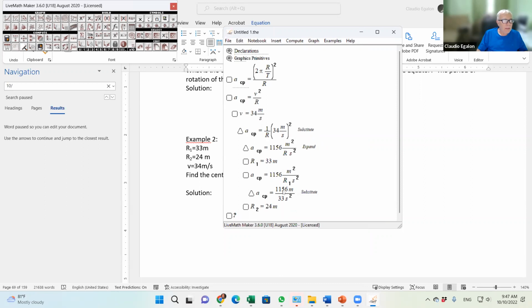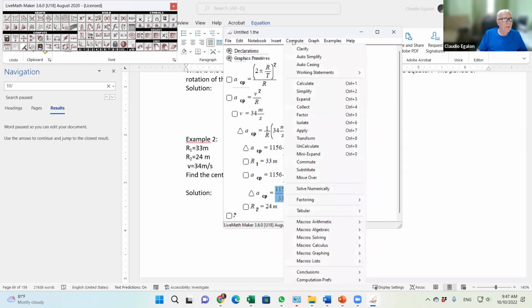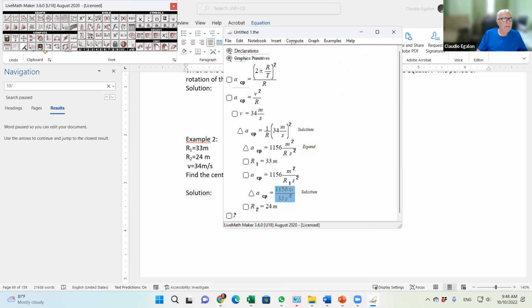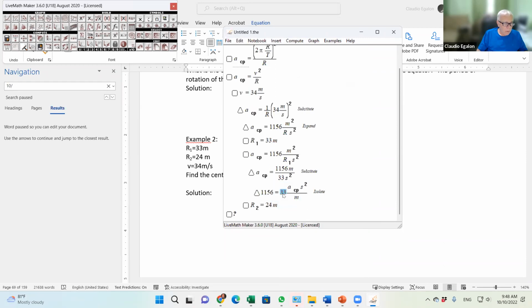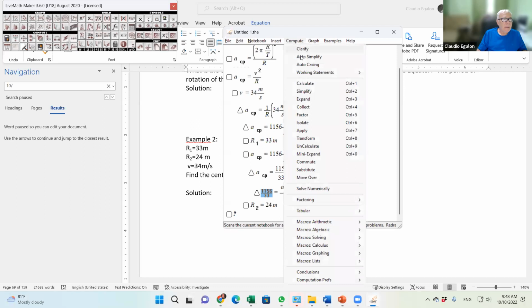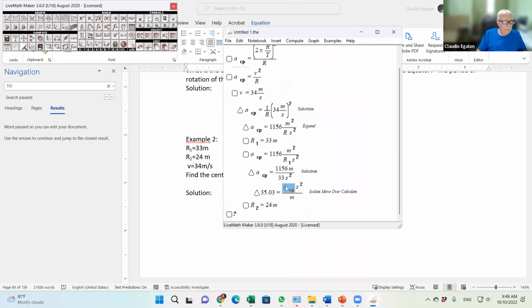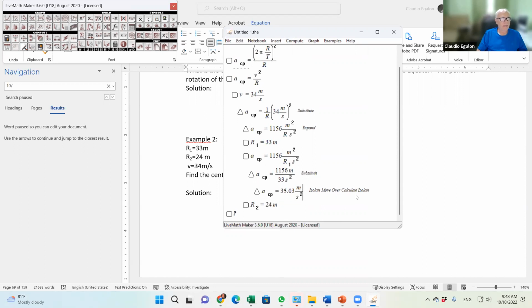That's unfortunate. Let's see why it doesn't do that. Clarify, simplify, expand. I hate when that happens. Well, there's a little trick that I can do with this software. Now I can calculate it. It's kind of annoying, but okay. So that's the acceleration that I get for the first term, 35 meters per second square.